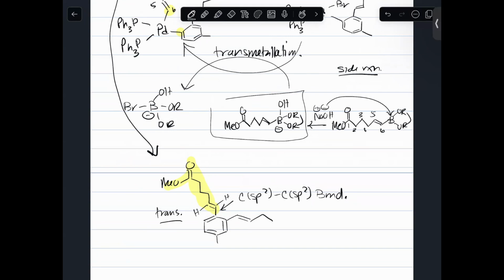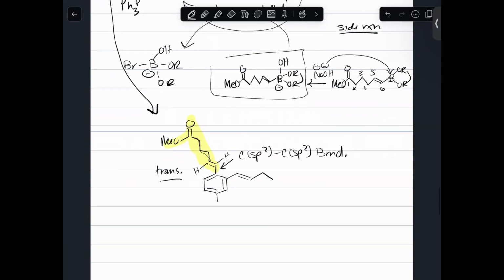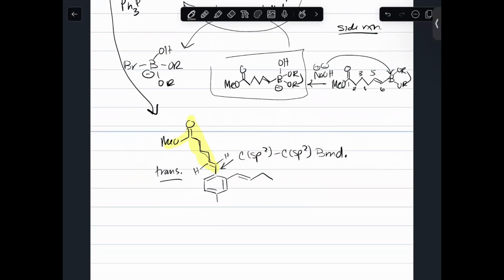What we were noticing for the Heck reaction is that once it did the beta hydride elimination, it added to the palladium again, and it was doing a migratory insertion, beta hydride elimination, all the way down the chain, just like I showed you before when I first started introducing organometallics. If you guys remember, I was showing you how a double bond migrates down a chain, and it was doing the exact same thing.